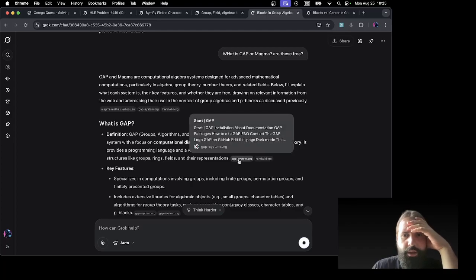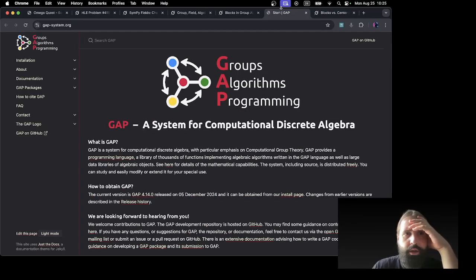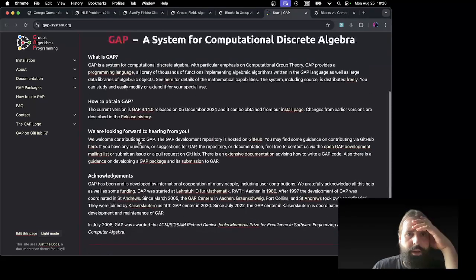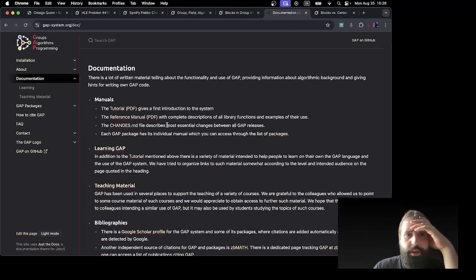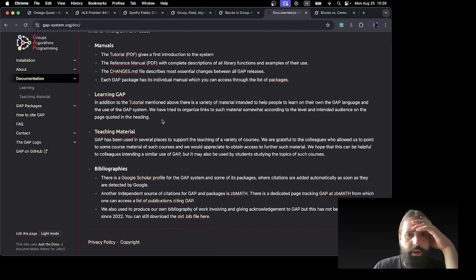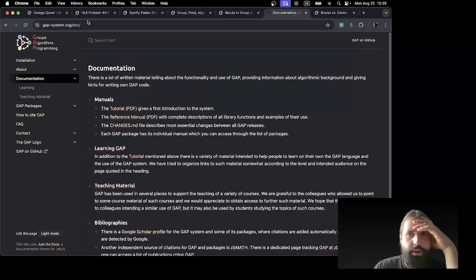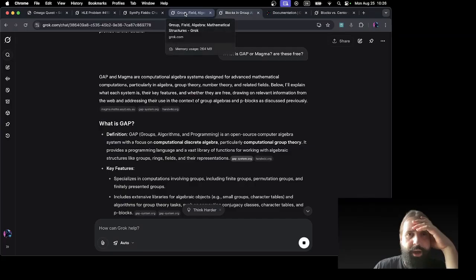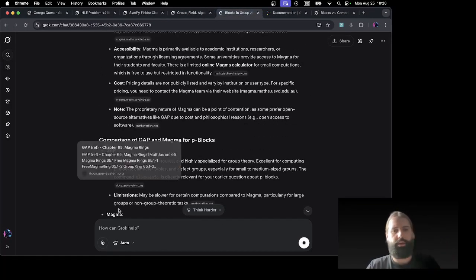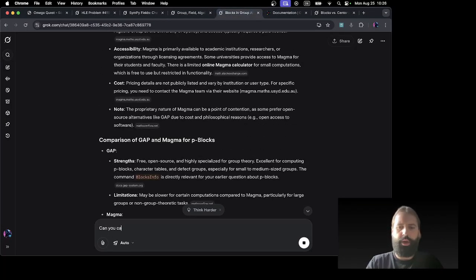Interesting. Okay. GAP. Learning GAP. Can SymPy do it? Can you calculate groups? Can you calculate blocks of an algebra with SymPy?